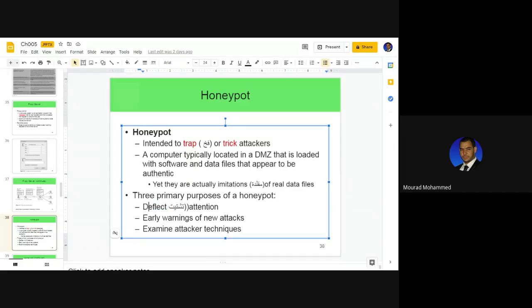Besides that, because of this deflection, they would succeed in raising a warning, an alert, before a crime happens. Also, the role of this honeypot is to know how the attackers, when they have been trapped, are thinking and acting, and the techniques of attack would be recognized by this honeypot.